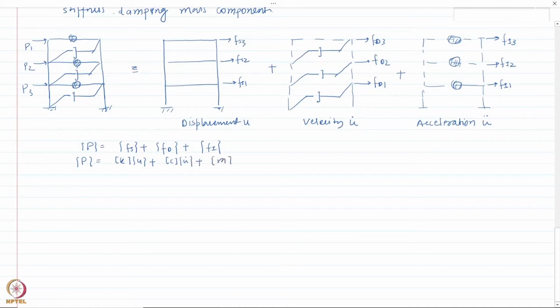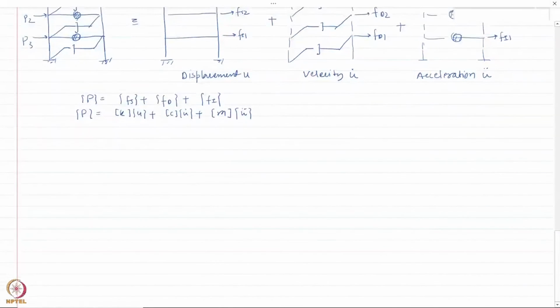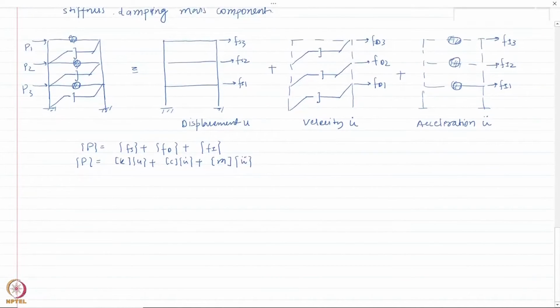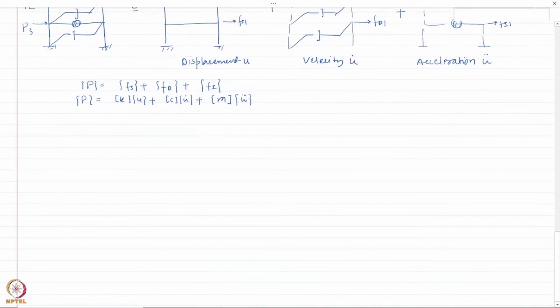Fi is the mass matrix times the acceleration vector. We are going to see in the next section itself that this representation is quite useful in another type of method to find the equation of motion. Let us now talk about that other method.